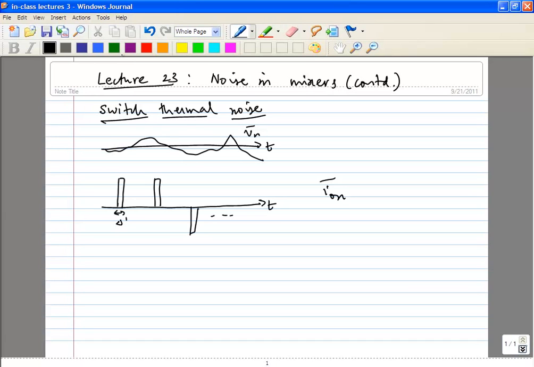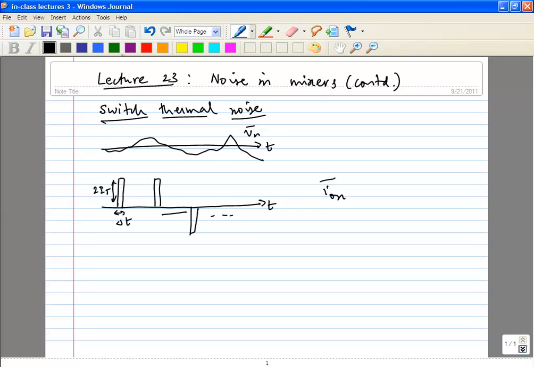And the pulse width delta t depends on the noise voltage and the slope at the zero crossings. And the amplitude of the pulse was 2 I_T, where I_T is the tail current.